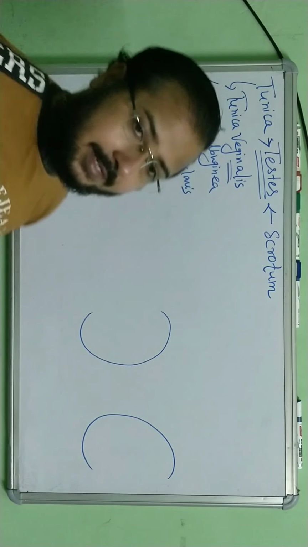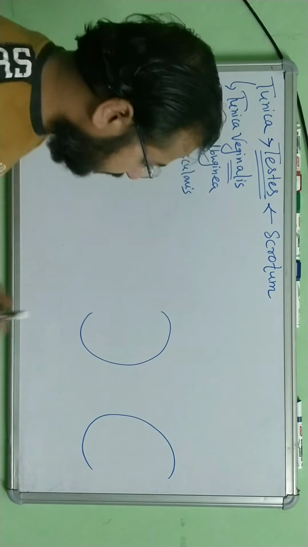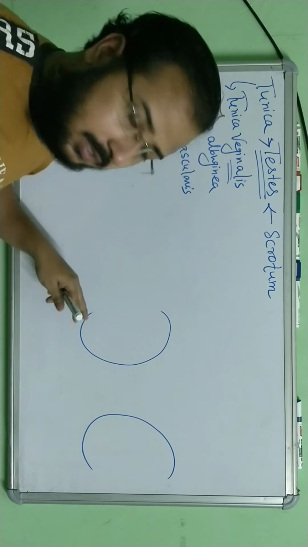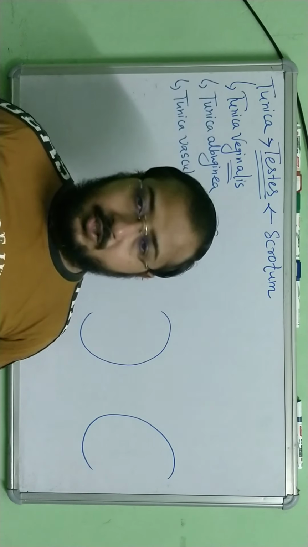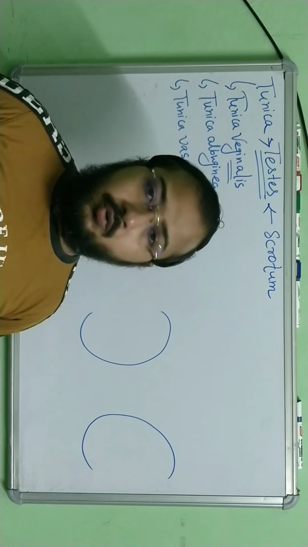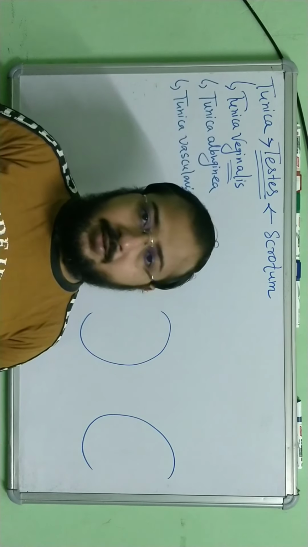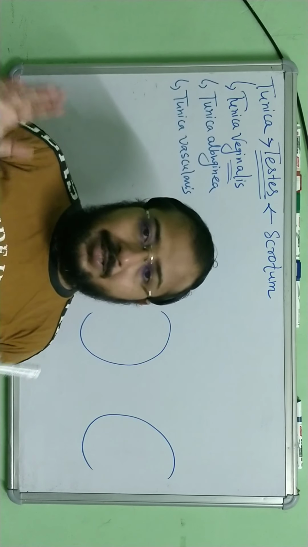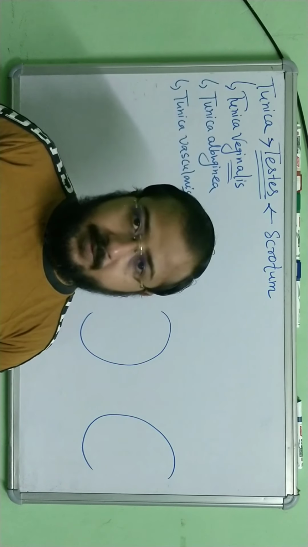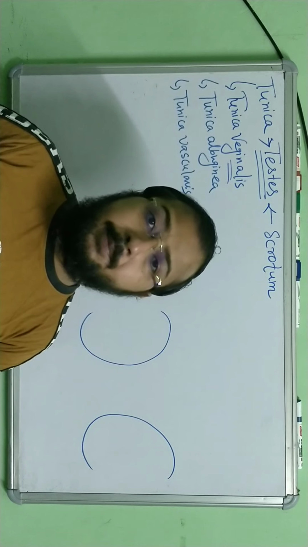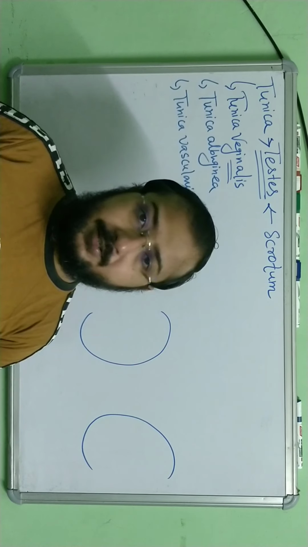Now let us get inside the testis. Once we have studied the membrane around, now let's get inside the testis. Once we get inside, we will see first of all some compartments. Each of these testes is compartmentalized. There are 250 compartments in each testis.